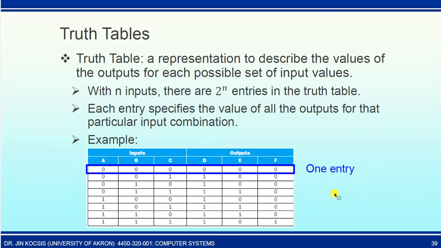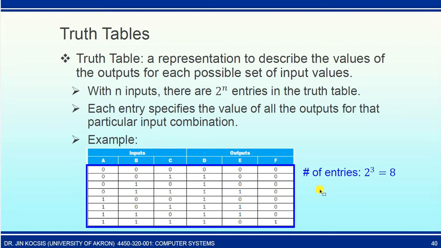Okay? So again, each row of this truth table will indicate one specific combination of the inputs and the corresponding output. And as I mentioned, in this case, you have 3 inputs. Therefore, you will have 2^3 entries in this truth table.